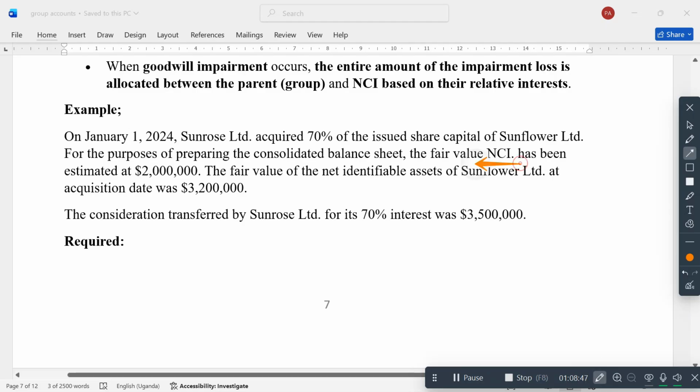They are saying the fair value of NCI has been estimated at 2 million. We add our consideration paid. First add those. Then add fair value of NCI to our purchase consideration. Then you subtract the net asset at acquisition.